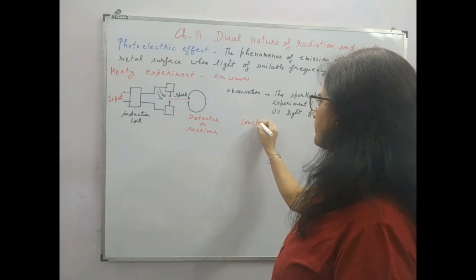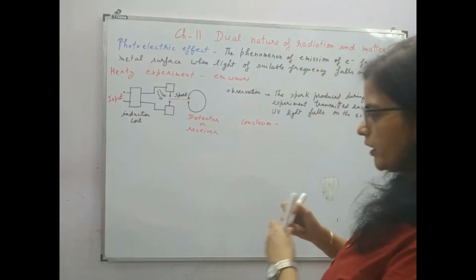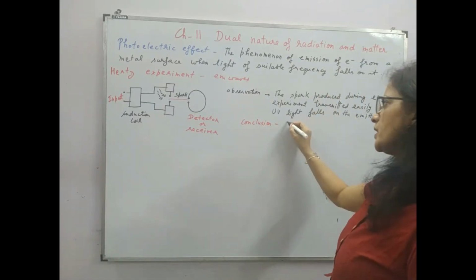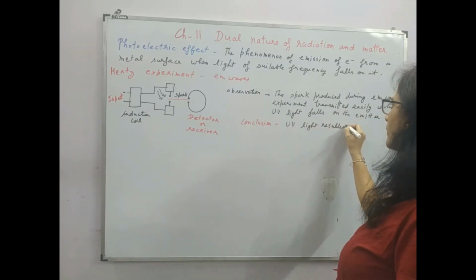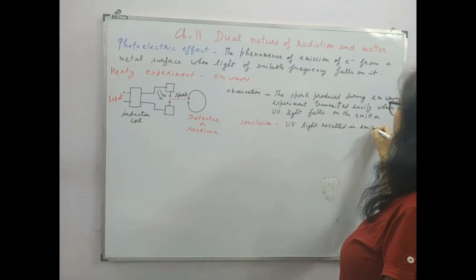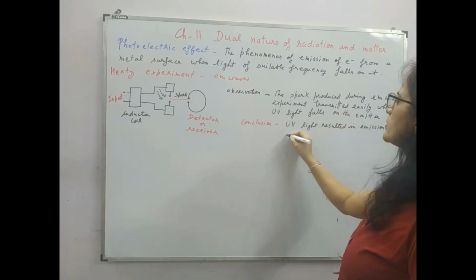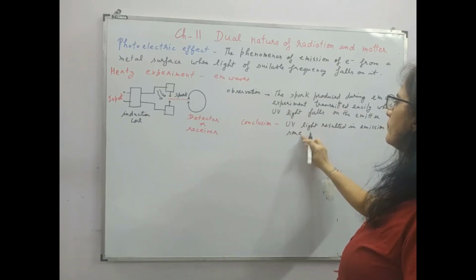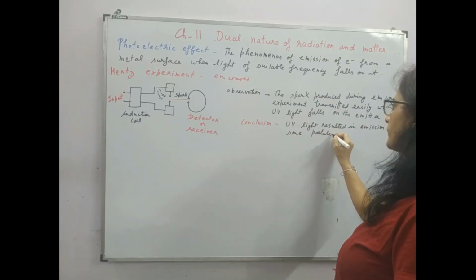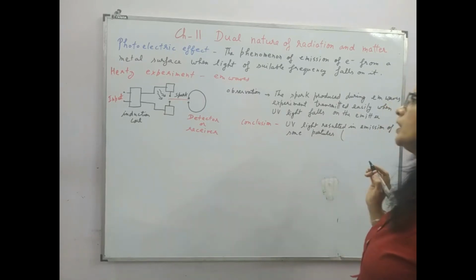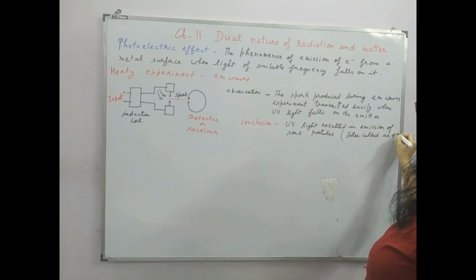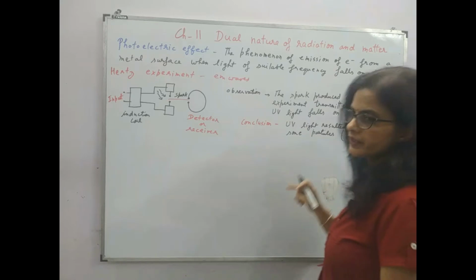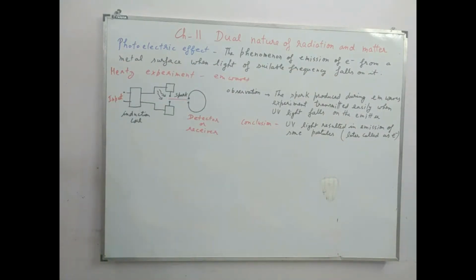So what was the conclusion here? The conclusion was that UV light resulted in emission of some particles, later called electrons, which resulted in the discharge, this spark, passing easily.